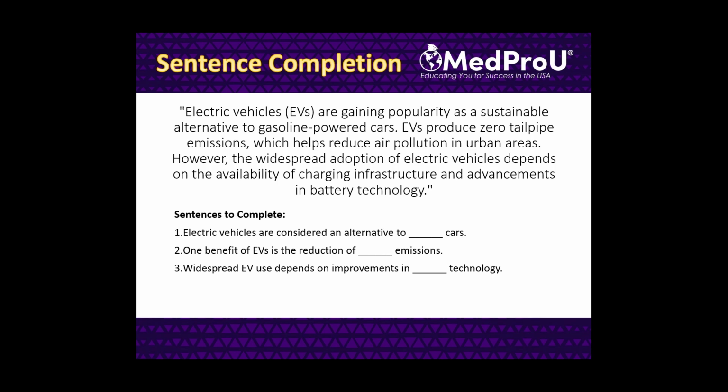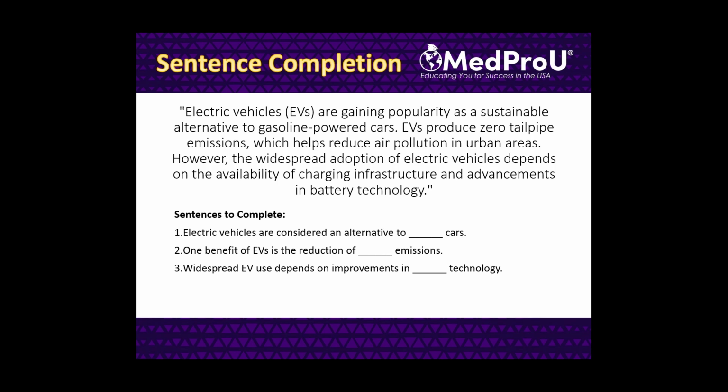Tailpipe emissions, not zero tailpipe. It's tailpipe only. And number three, widespread EV use depends on improvements in blank technology. That is on the last sentence, in battery technology. So there must be two T's, B-A-double T-E-R-Y.